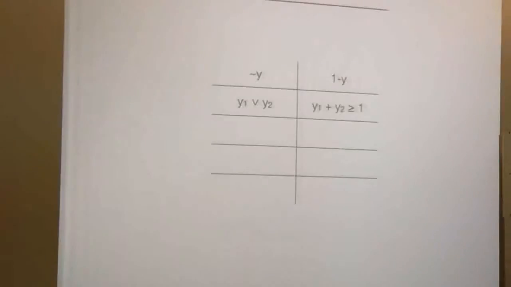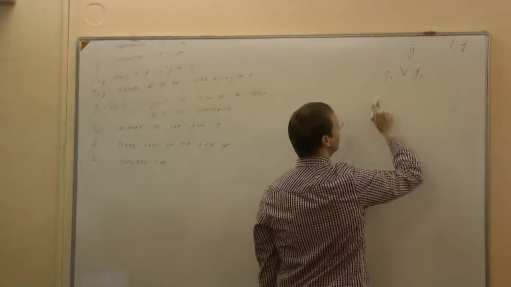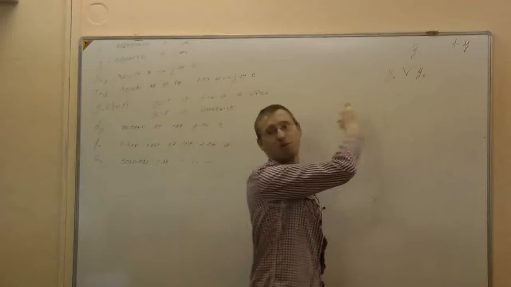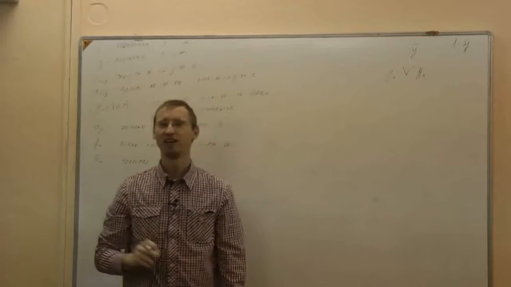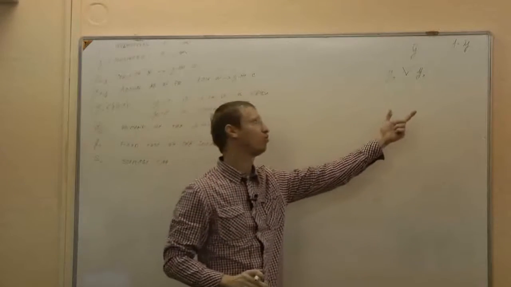If we have two binary variables, say y1 and y2, and we want to say either this one is true, or this one is true, or both are true. Here, English "or" means both can be true simultaneously.